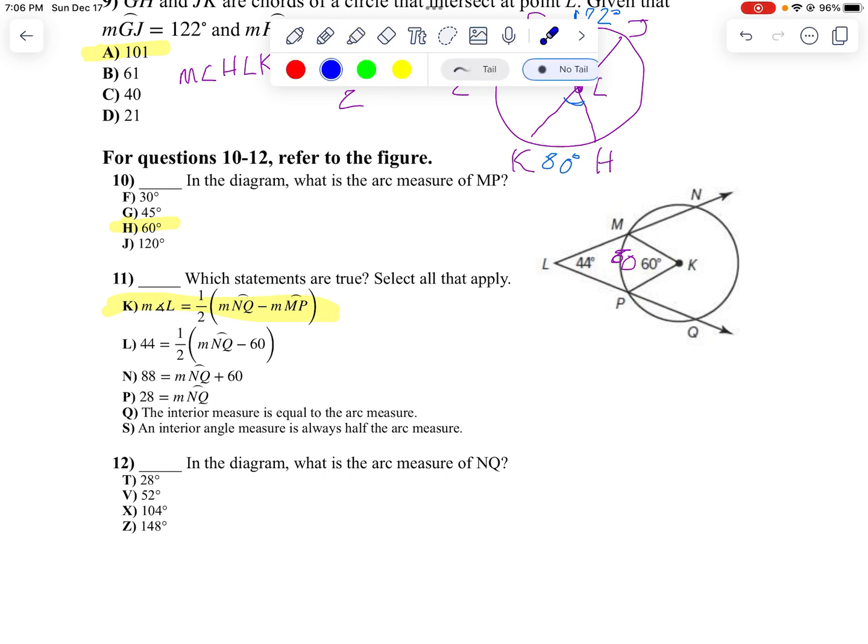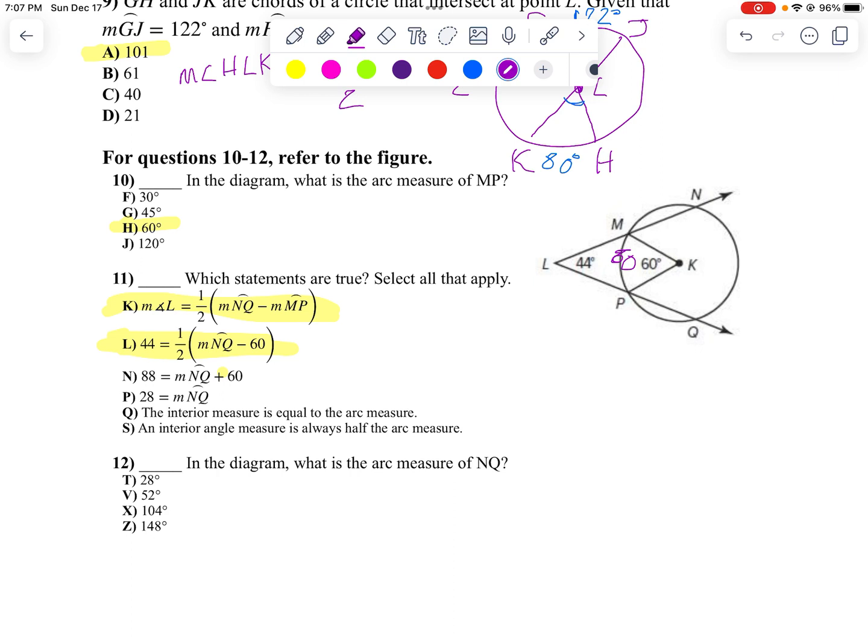Now, if we replace angle L with 44, is that going to be NQ minus 60? Take half of that? Sure it will be. So the letter L is correct. Okay, not N, because notice N they're adding.